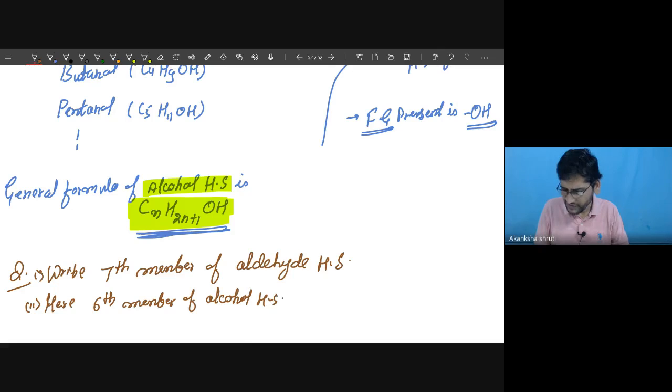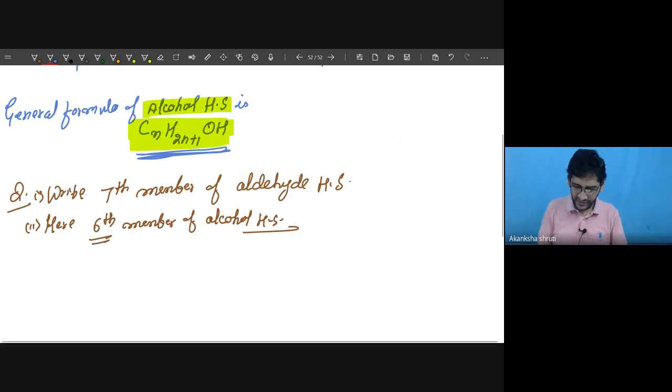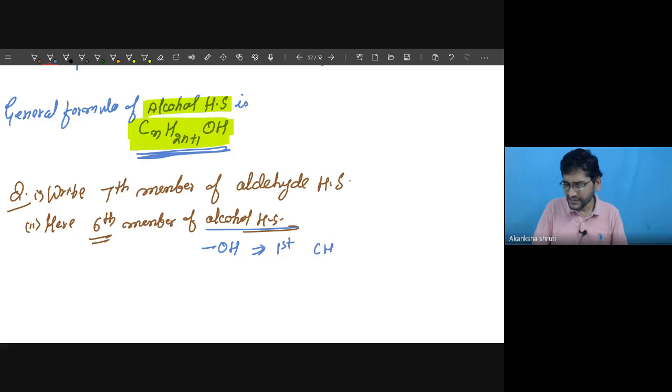Alcohol homologous series. Sixth member means you must understand what the very basic member is, then you have to increase the number of carbon atoms. Here we are getting the alcohol, so it must have the OH. For this, the first member is CH3OH. First member starts with only one carbon. The second member is C2H5OH.